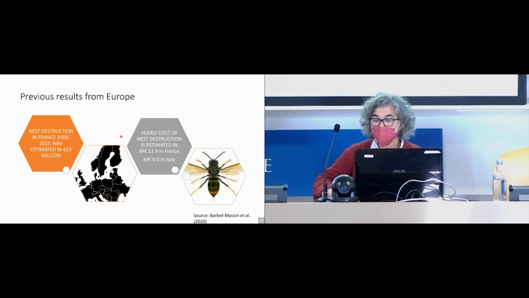And the yearly cost in France, for example, was estimated at 11.9 million euros, and in Italy at 9 million euros. Well, in Italy we have already seen this morning that the impact was less than in France, where all the departments are affected by this.